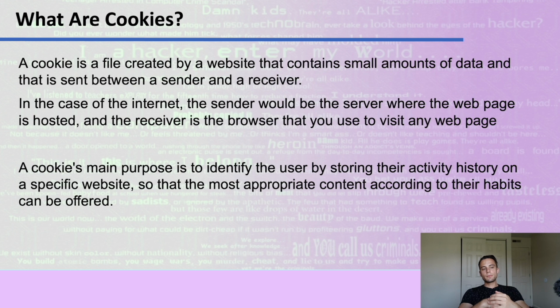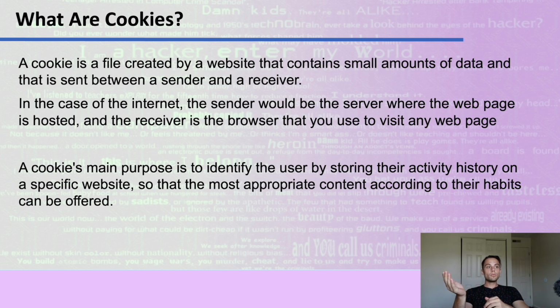seeing. For example, if you were searching in the past for sports equipment, let's say football equipment, then all the advertisements that you see online are going to be related to football equipment, because for example Google will have this cookie that is exchanged with you, and in there it will be written that you searched for football equipment.